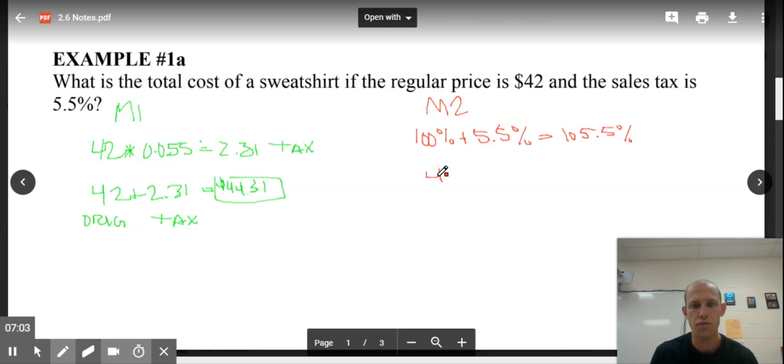So 42 is that price, and I have to multiply it by my percent as a number, which would be 1.055. And I will get approximately $44.31. So here is the original, here is the tax percent, and then that gives me the final percent.